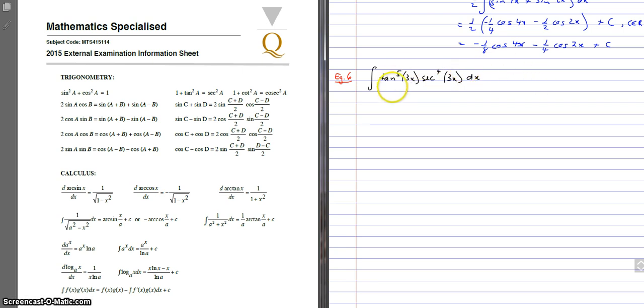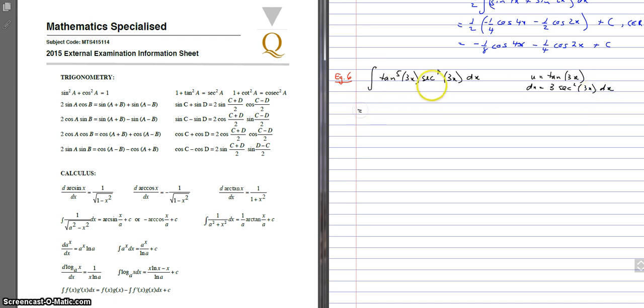Okay, we know that the derivative of tan is sec squared. Okay, so u equals tan 3x, which means du will be 3 sec squared 3x dx.